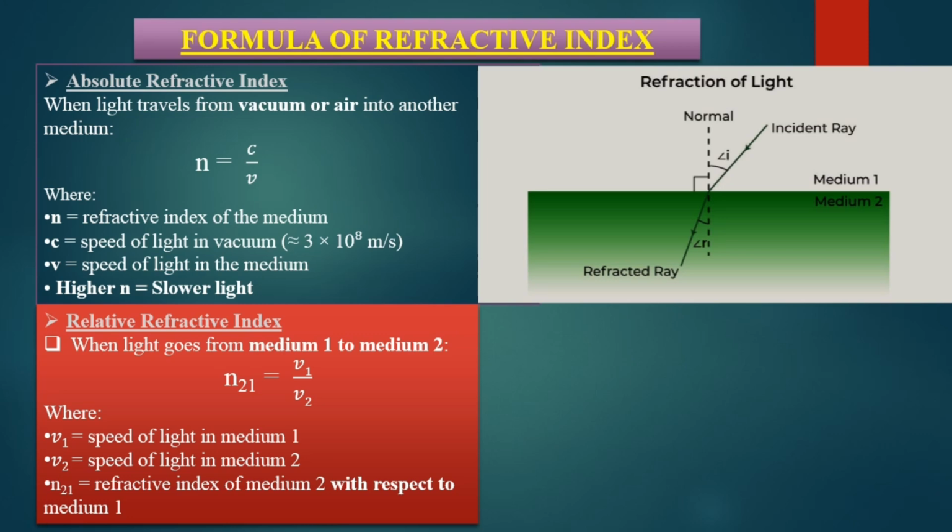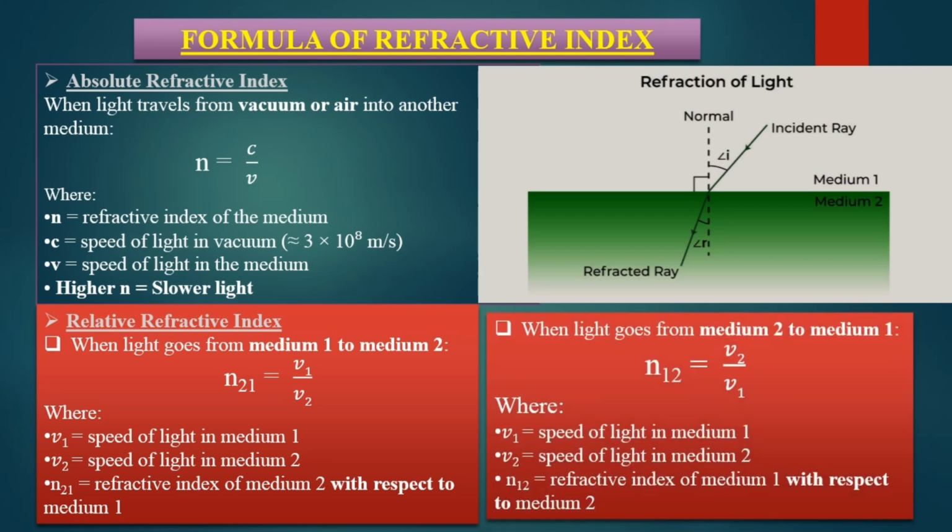When light travels from medium 2 to medium 1, n12 = v2 / v1, where n12 is the refractive index of medium 1 with respect to medium 2. The relative refractive index compares the speed of light in two different media, showing how much light slows down or speeds up when going between them. The higher the refractive index, the slower light travels in that medium.